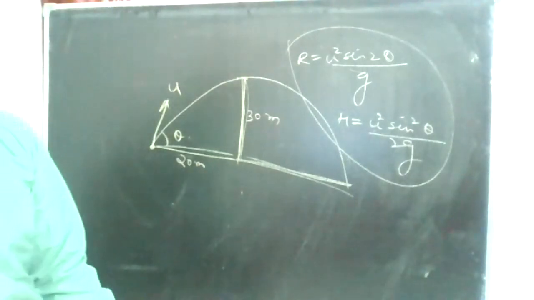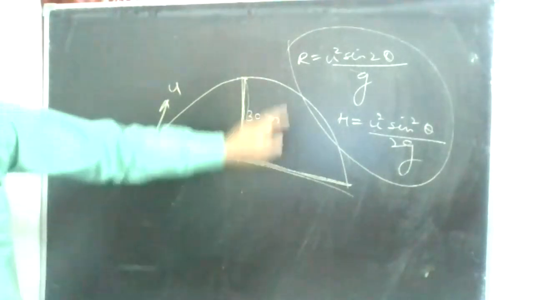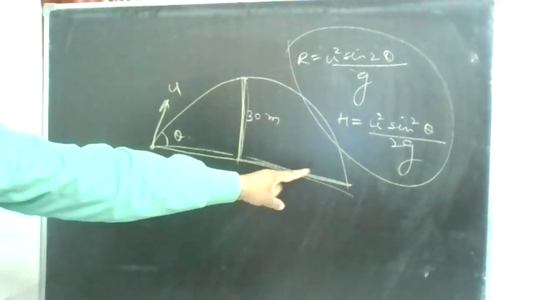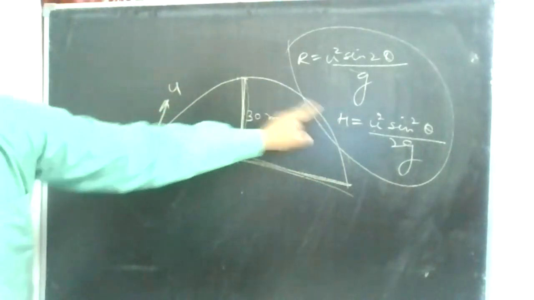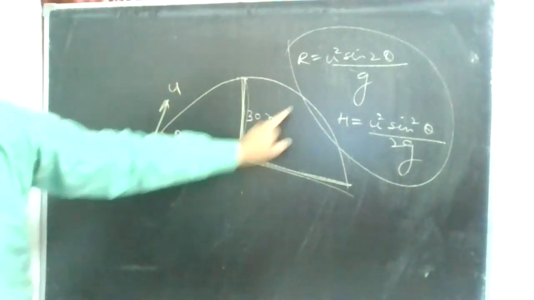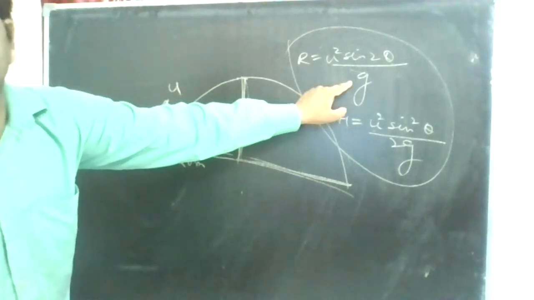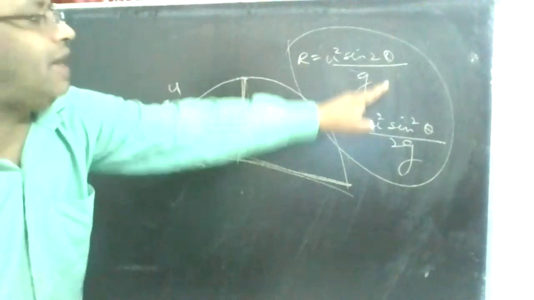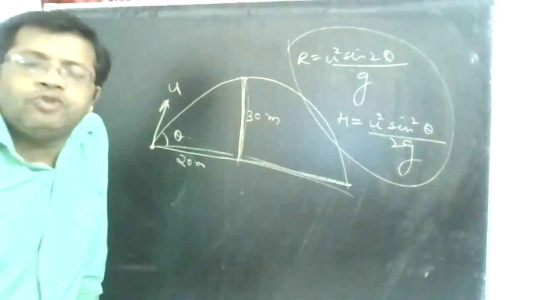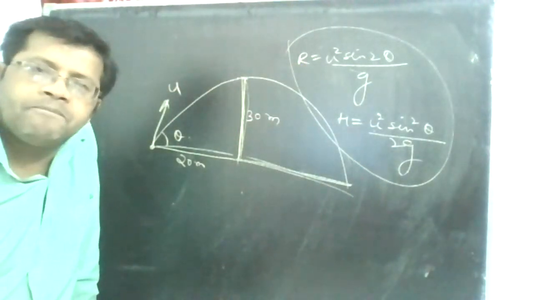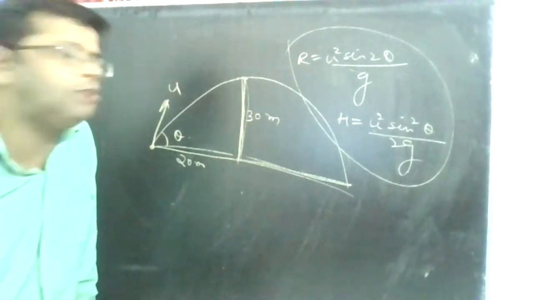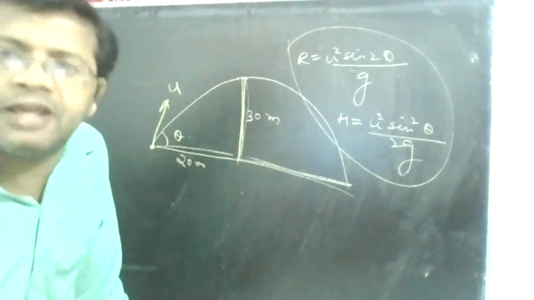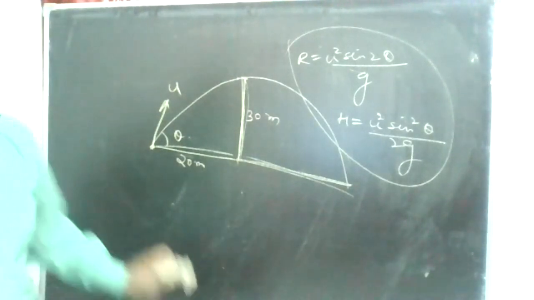In place of R, you put 20 plus 20, 40. In place of maximum height, you put 30. G you can take 9.8. Everything is known, only u and theta are not known. So make two equations, and with the help of these two equations you can easily solve for the values.